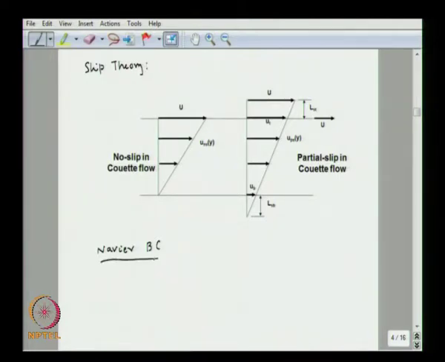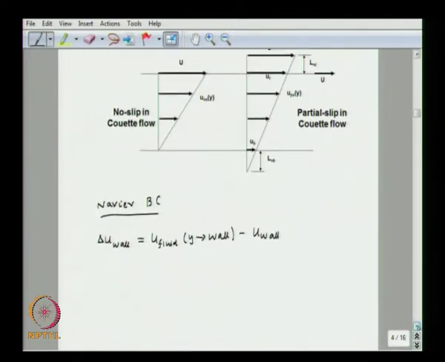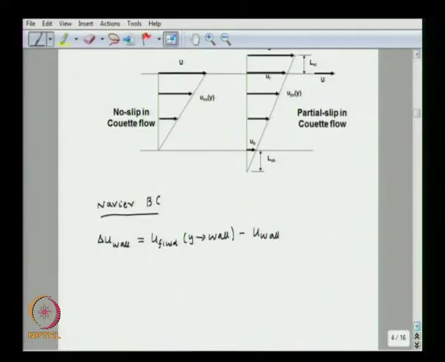The Navier boundary condition tells that delta u at the wall, which is the velocity of the fluid at y tending to the wall minus the velocity of the wall itself, so the velocity of the fluid right at the wall minus the velocity of the wall, we can write as Ls times delta u, velocity of the fluid, divided by delta y at the wall.